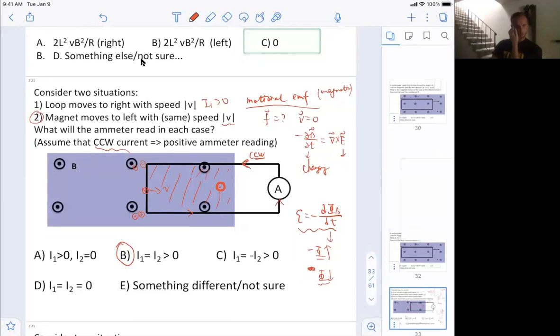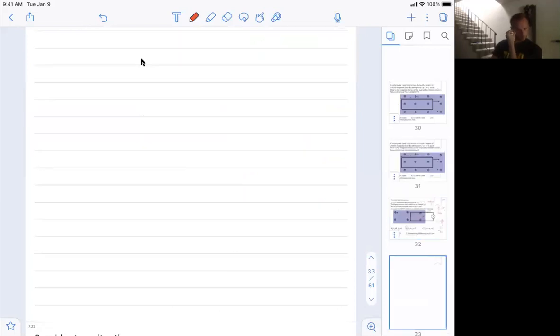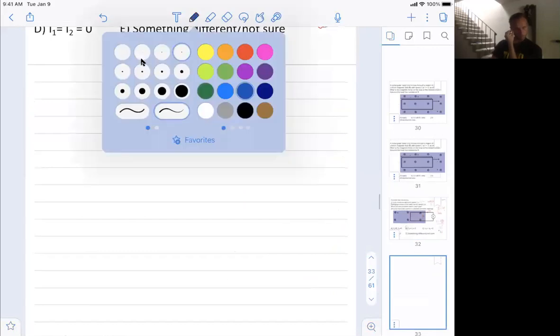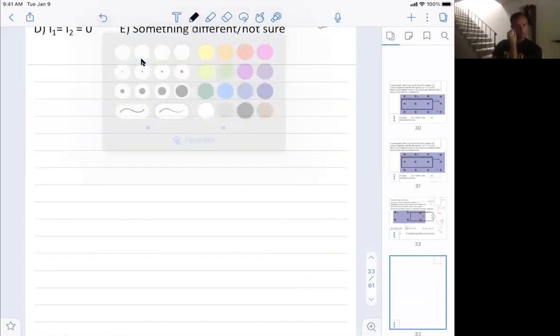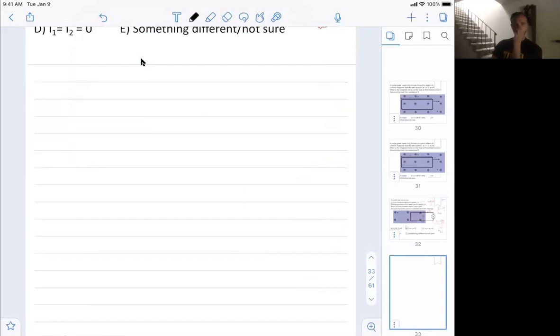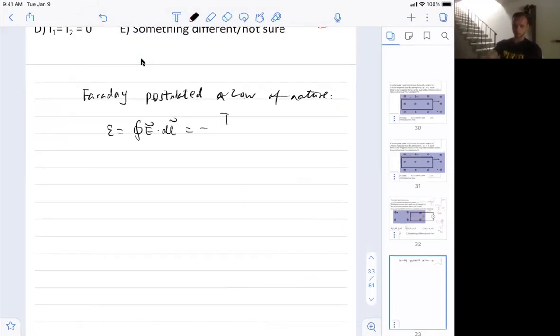So let's write a little note on this topic. Faraday postulated a law of nature that the EMF is related to the change in magnetic flux.